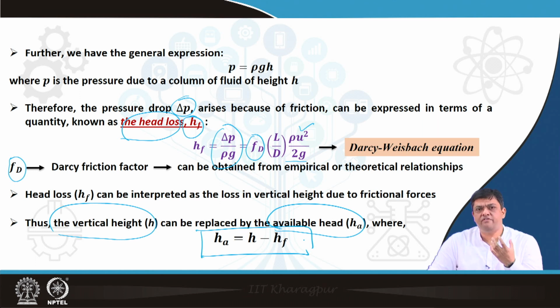So, if you have inner walls which are inducing very high frictional forces, what will be the available HA? The value will reduce.